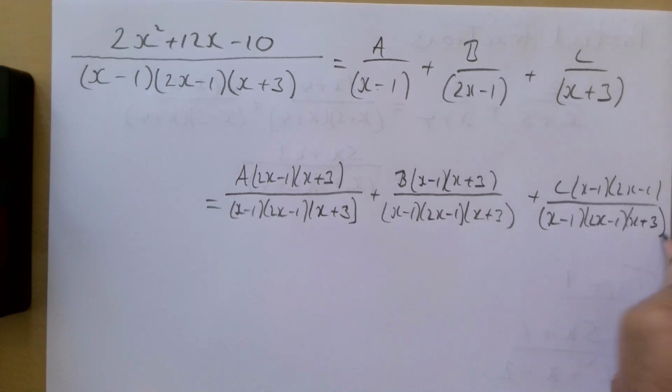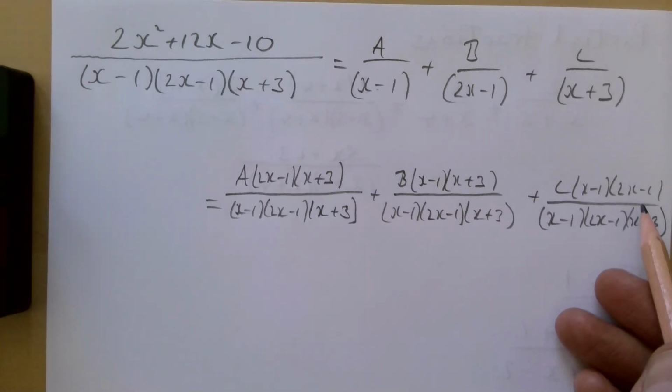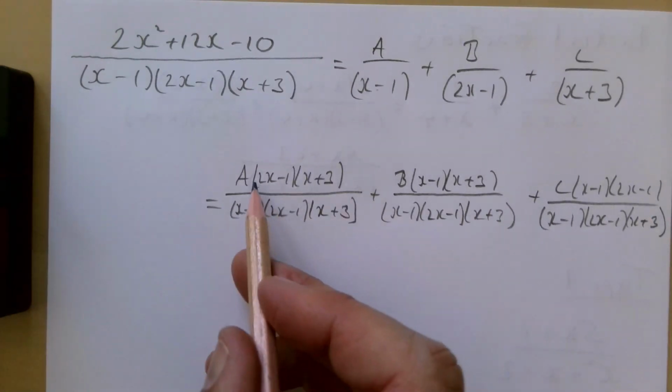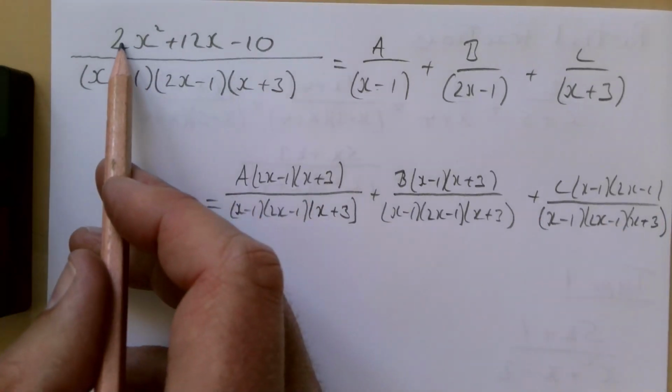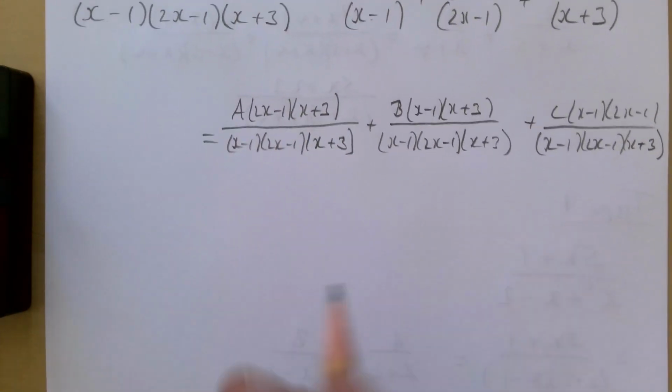To save me from writing here, I'm going to leave out this next line, but it will be putting everything over the same denominator. The three denominators are the same, so we're going to write this out once and then have these written 3 times. As with the previous example, if you look, then this line here must equal the top line here, so that's the next thing I'm going to write out.